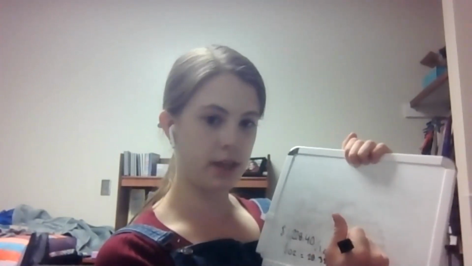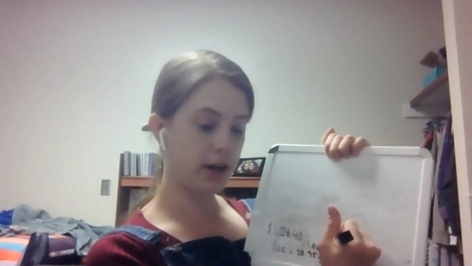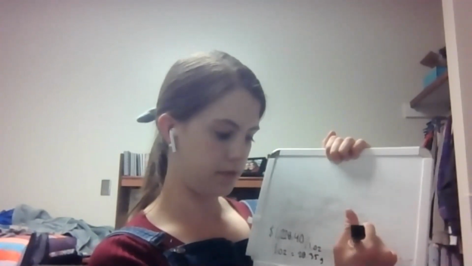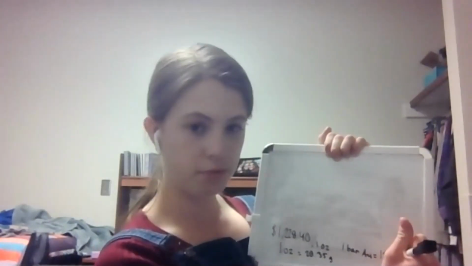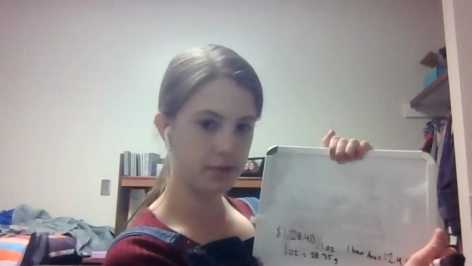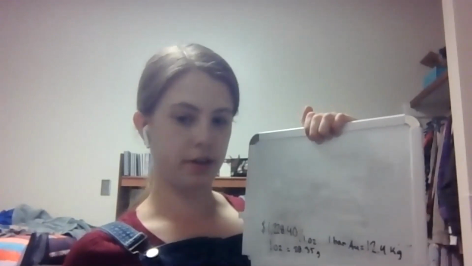We also are told that 1 gold bar has a mass of 12.4 kilograms. What we want to figure out is how much one of these gold bars would cost. So we're going to start with this 12.4 kilograms up here at the top. Draw a line.